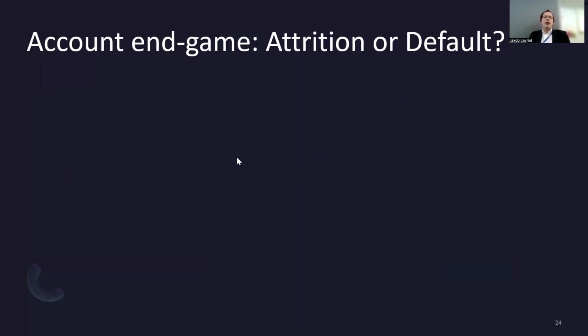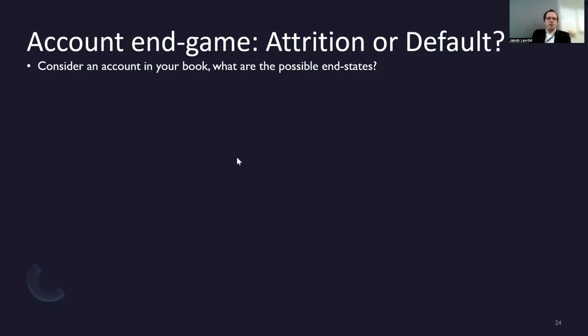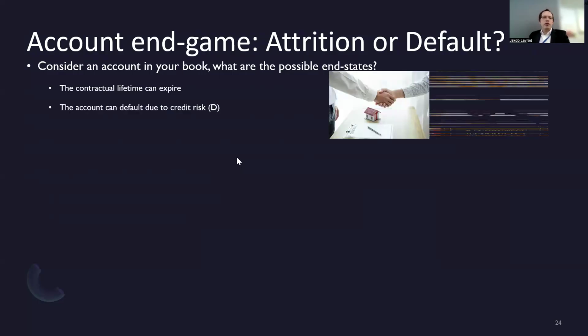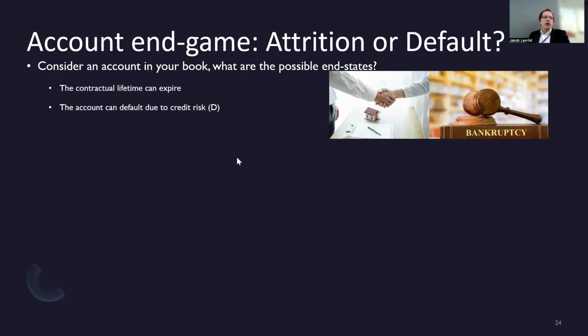One aspect, especially since I work for a very low risk bank, that some people don't always think about is that there's not just one way to exit. The loan can expire because the lifetime is up. They can default on you.